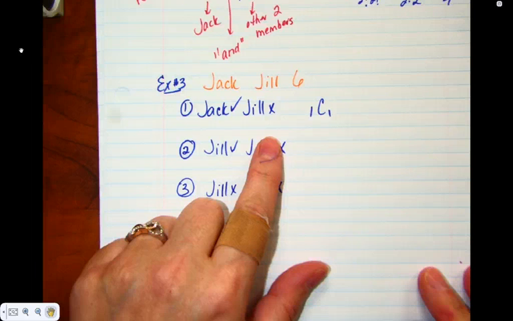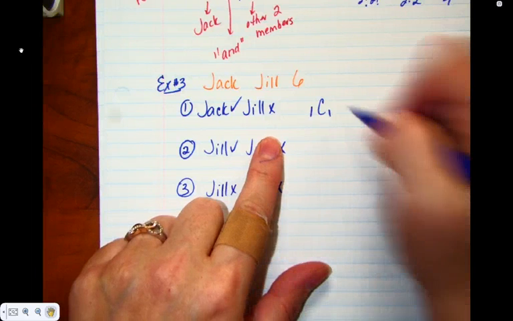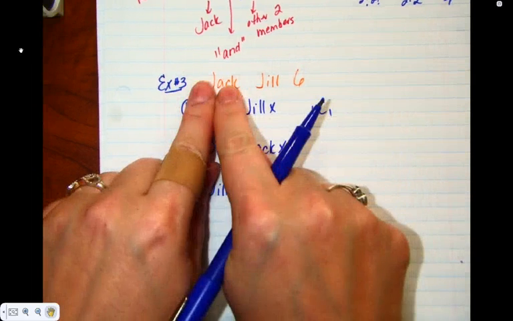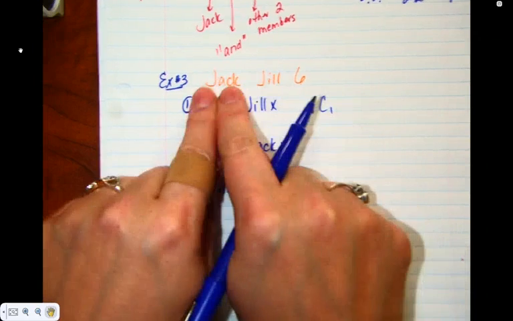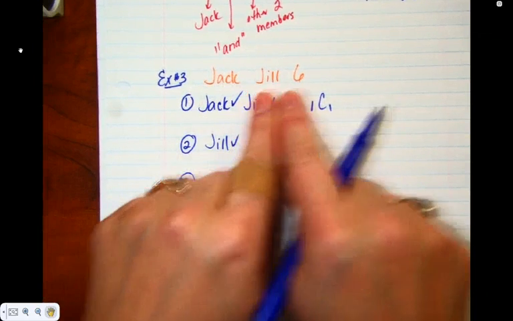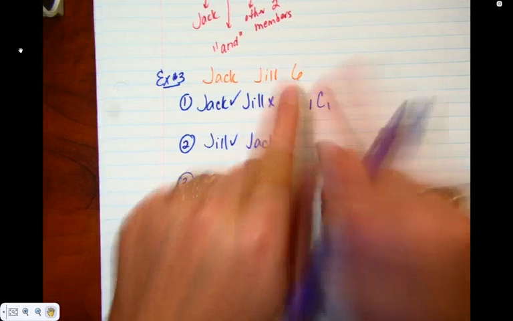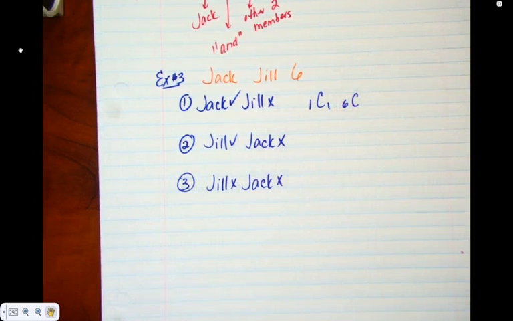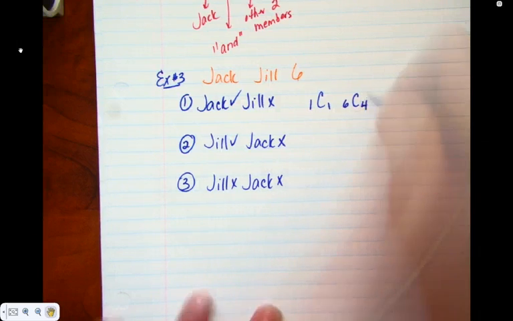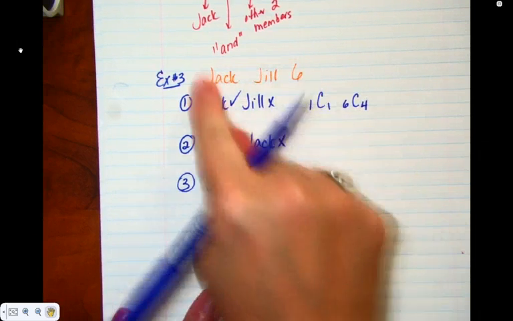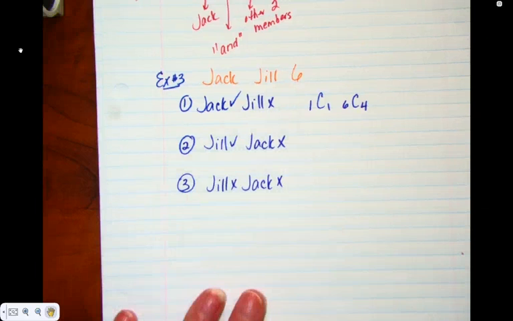How many people do I have left to pick from? Can't pick Jack. I've already picked Jack. Can't pick Jill. How many people do I have left to pick from? 6. How many more people do I need to pick? 4. That's why sometimes when you write it out like this, your brain sees better that there's 6 left.